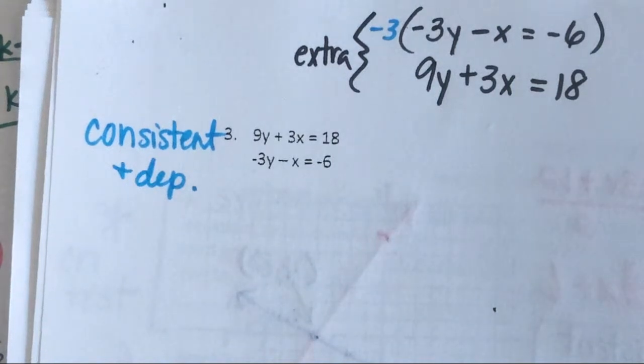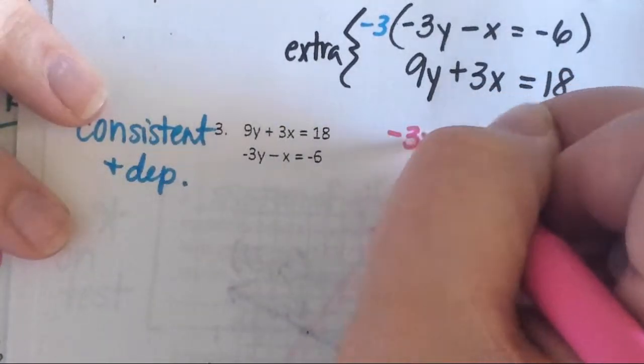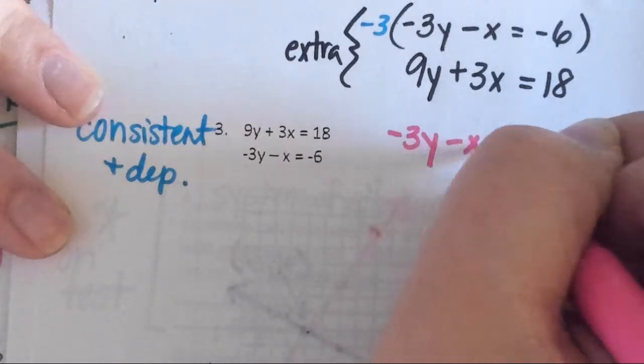So if we're going to actually solve by substitution, which equation should I solve for one variable with? The bottom one. Which variable should I solve for? X. It's going to be easiest to solve for x. So it used to be negative 3y minus x equals negative 6.